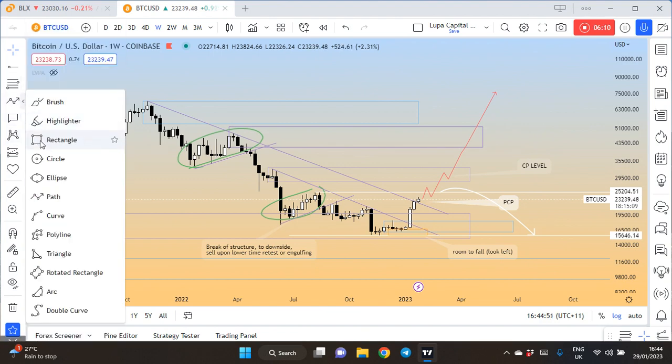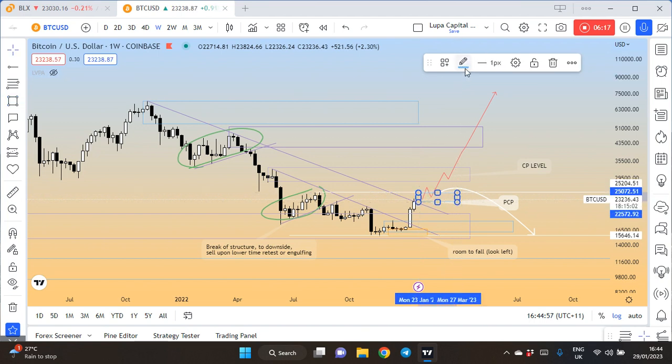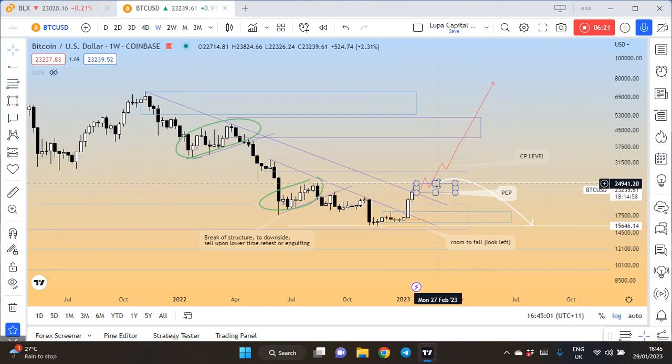And as this continuation pattern forms, let's say a couple of bullish patterns here, this will now form a very strong PCP, whereby price can deviate to the next zone of 40k, 30k, sorry.